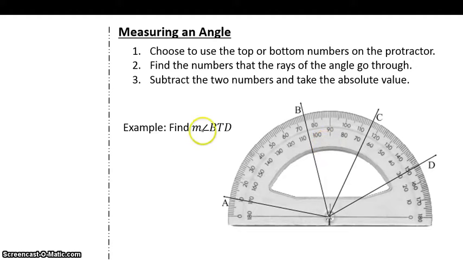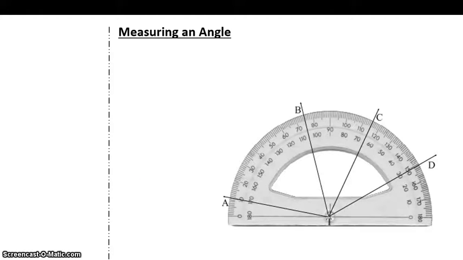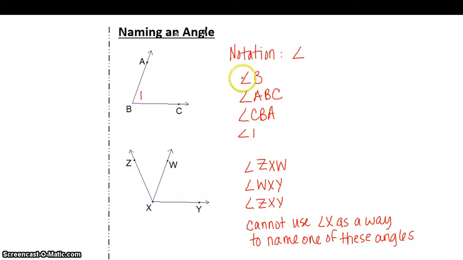All right, so my little example that I'm going to show you over here is we're going to find the measure of angle BTD, and this is important notation right here. If I were just naming an angle, like earlier when we were just naming an angle, notice I didn't put anything in front of the angle symbol. I just put angle whatever it was.